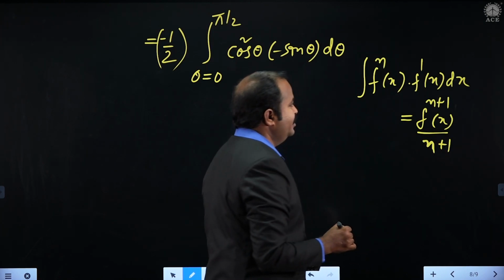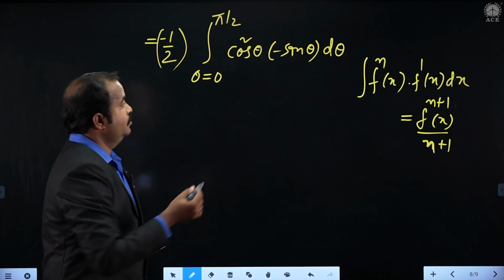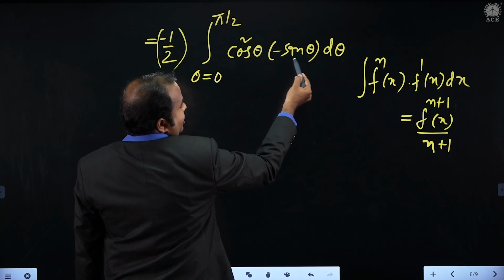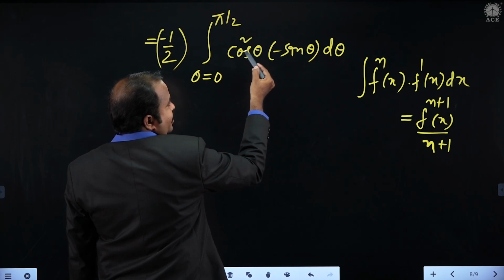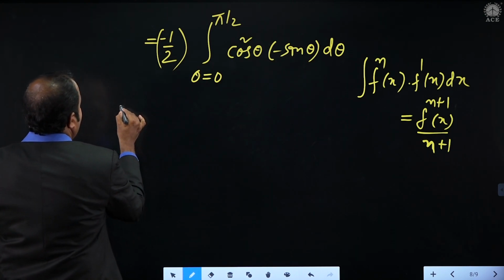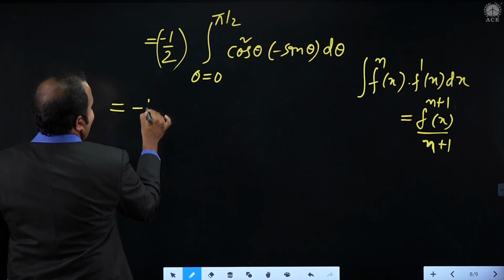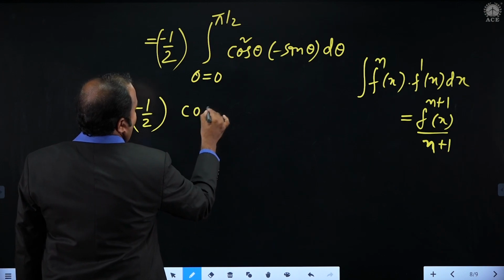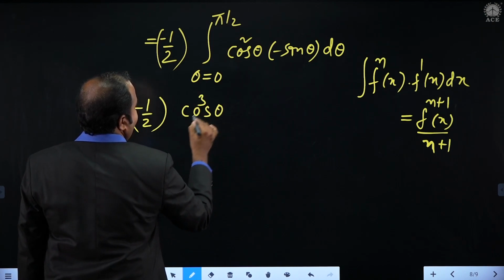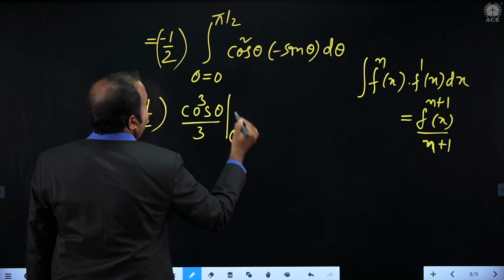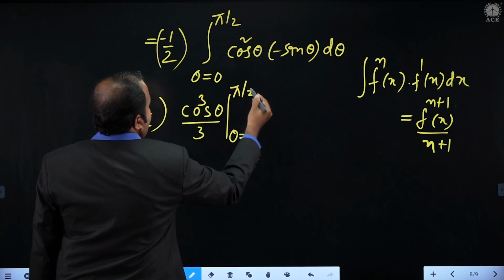By comparing with this formula, f of x is cos x, n value 2, f dash of x means cos theta derivative, minus sin theta, right. So, by using the above formula, this integral is equivalent to minus 1 by 2 into cos cube theta by 3 between limits theta equal to 0 to pi by 2 only.